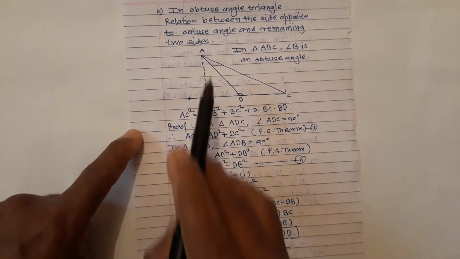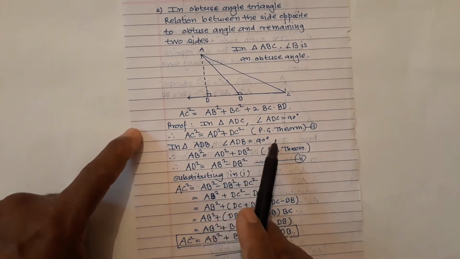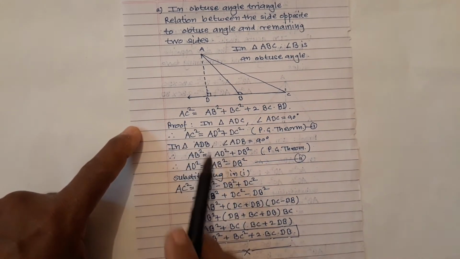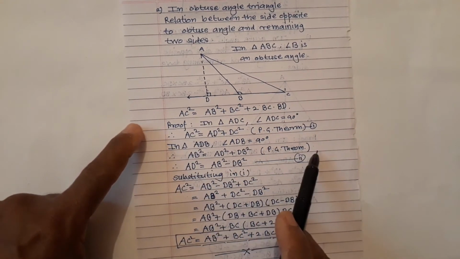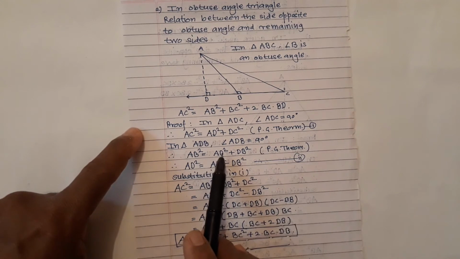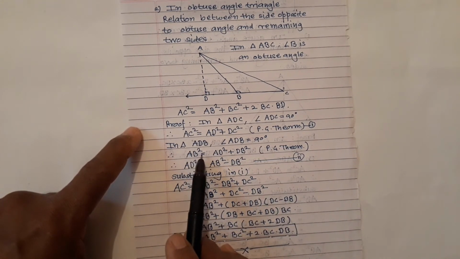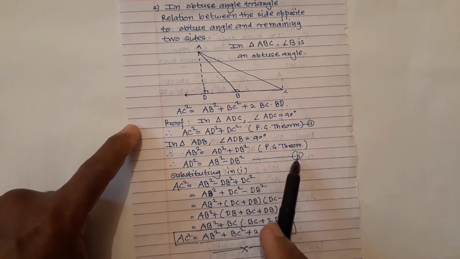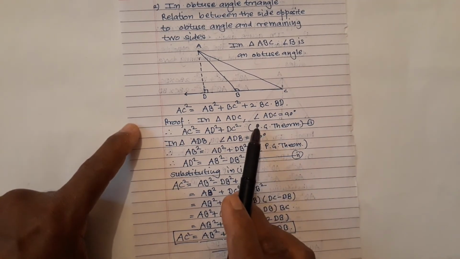Similarly, in triangle ADB, angle ADB is 90 degree, and therefore AB square is equal to AD square plus DB square. Pythagoras theorem. Then find the value of AD. AD square is equal to AB square, this you transfer on this side, minus DB square. Statement number 2. This you substitute in equation number 1.